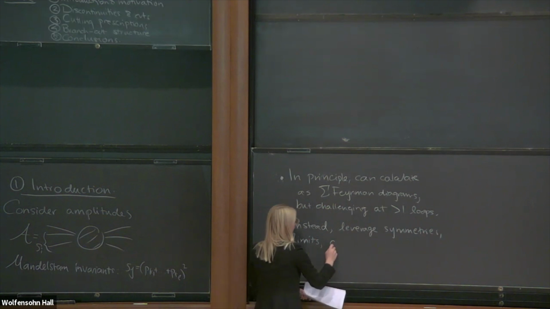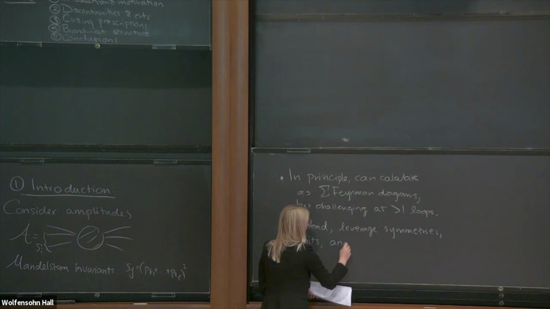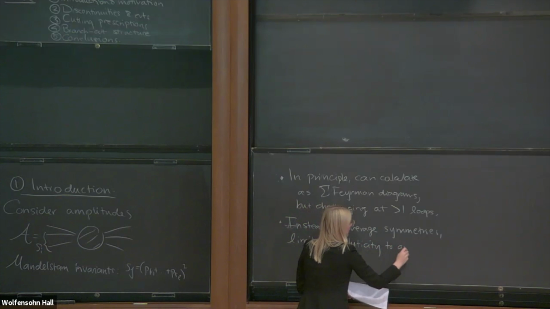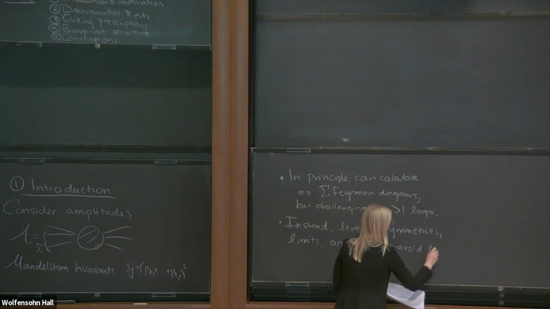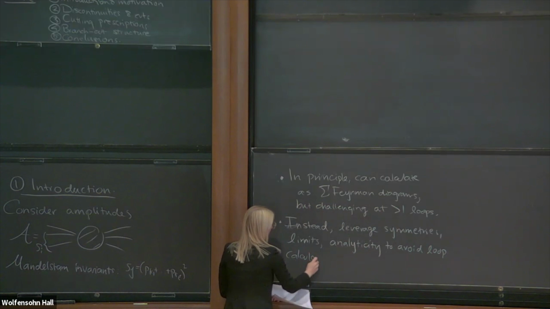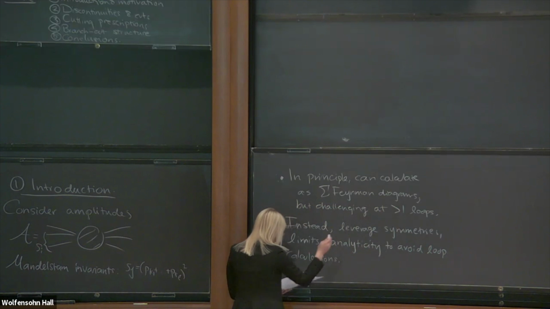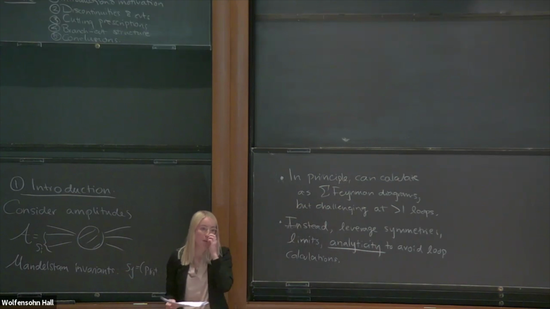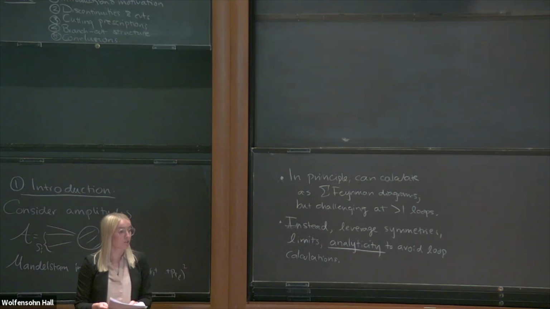And in particular here, we're going to be leveraging analyticity to avoid doing the full loop calculations. Doing the sum is challenging just because it's hard to do the integrals, right? As I say, even for some theories we don't know, or it's challenging to do them even at 2 loops.